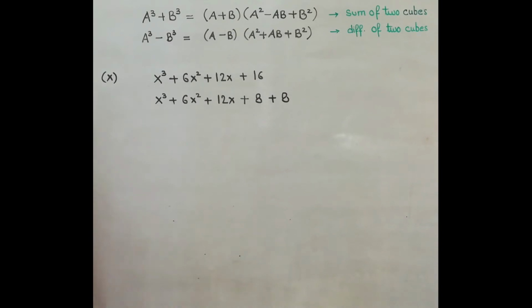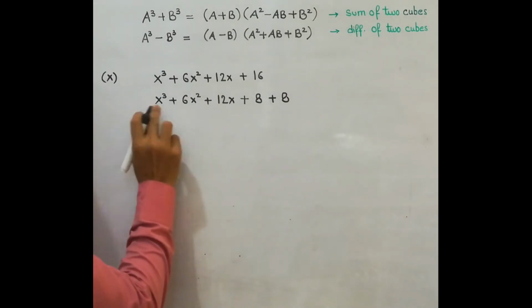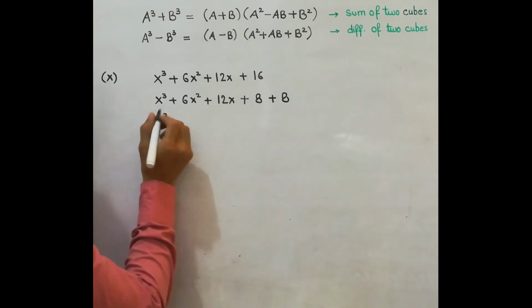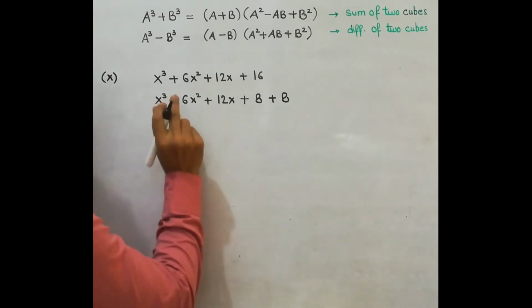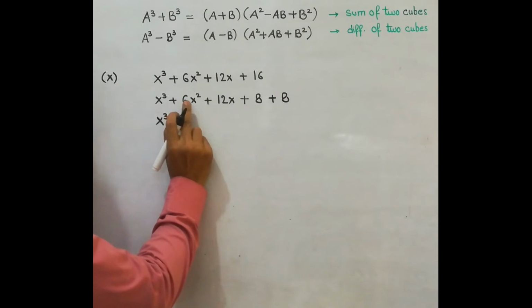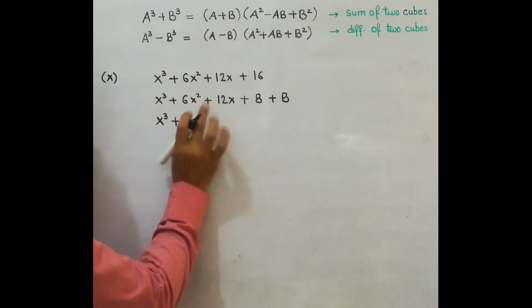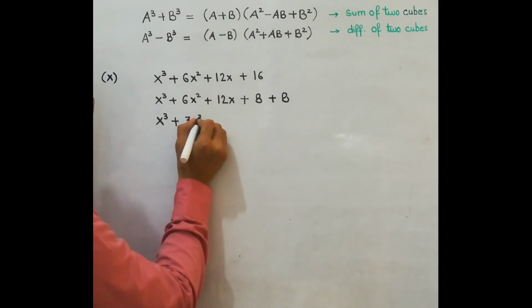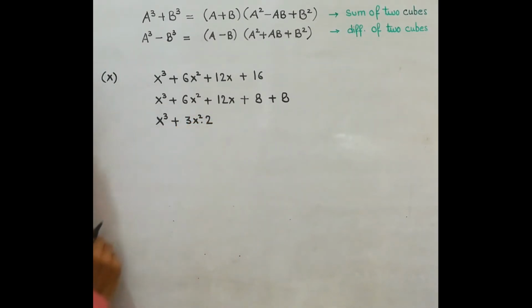Okay, now see, this is your x cube plus, now this 6x square, just see the way I am going to write it. 3x square into 2. Can I write it like this?